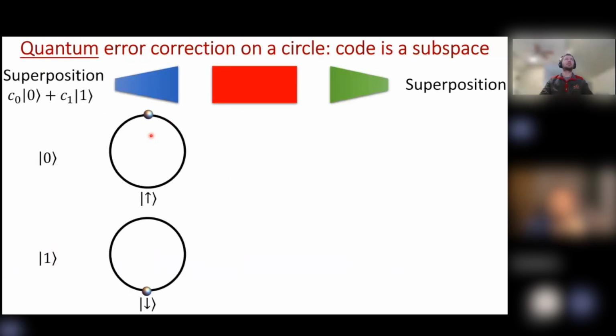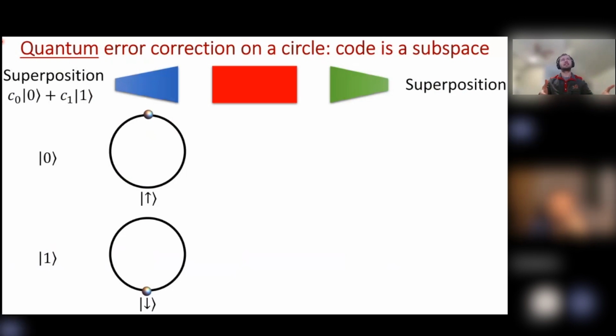Let's go to our first quantum code. We're encoding now. So we're sending a superposition of 0 and 1, heads and tails, with some coefficients, C0 and C1. The coefficients are what we are trying to protect. We don't want the environment to know about C0 and C1.